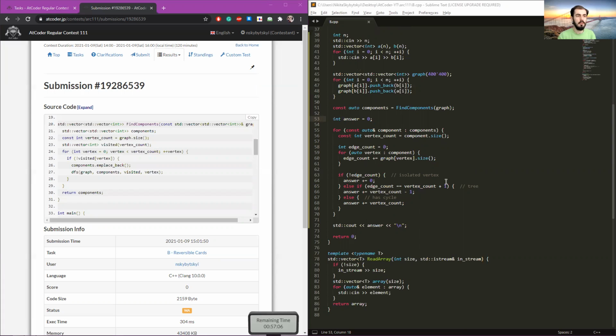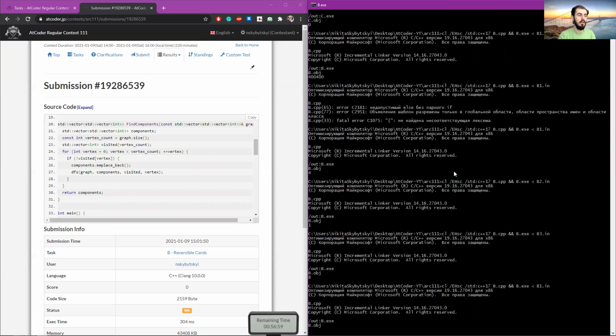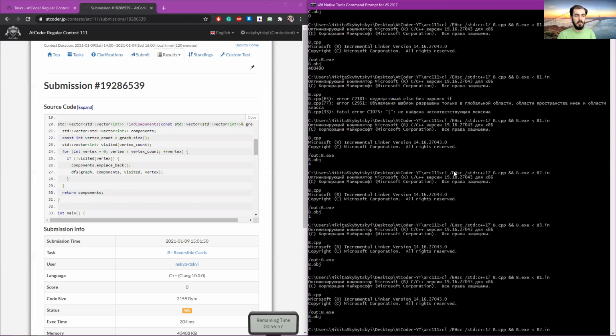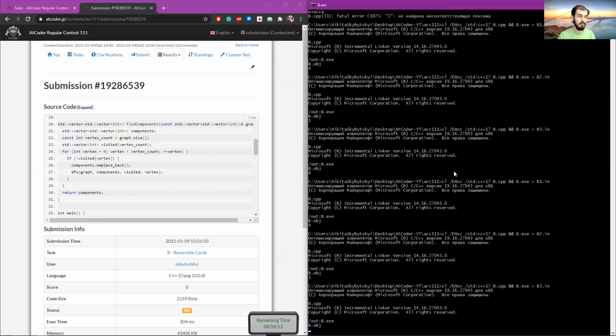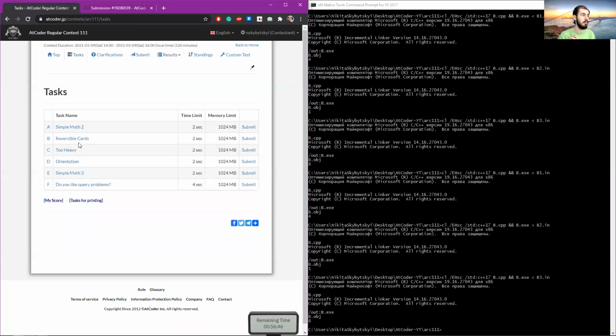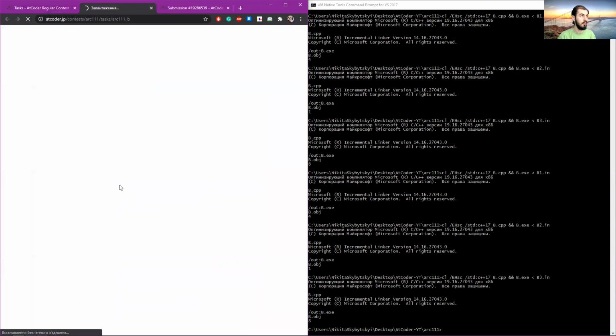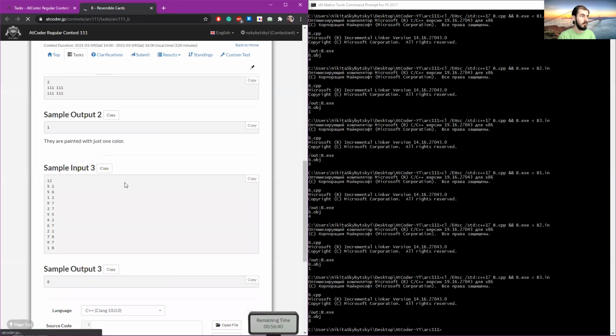Actually, why? Am I stupid or something? This is a tree. Oh, there's one less edge than vertices, not vice versa. So 4, 4, 1, 8.